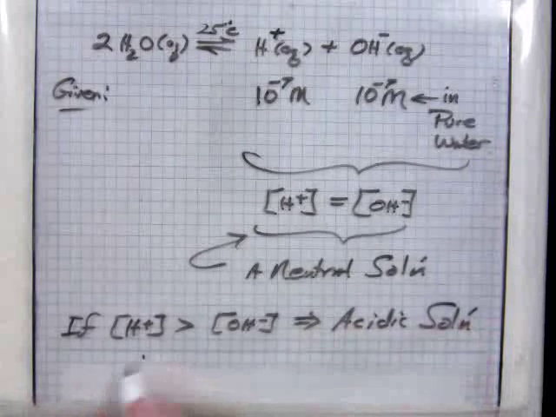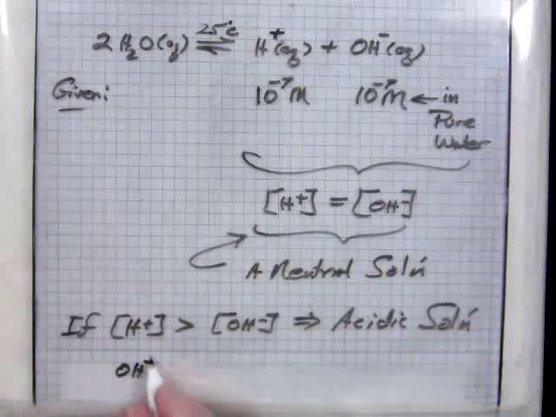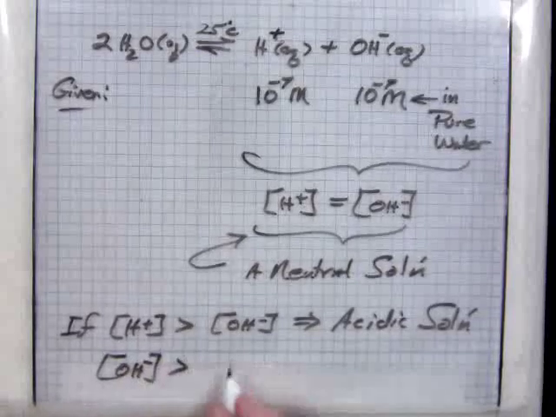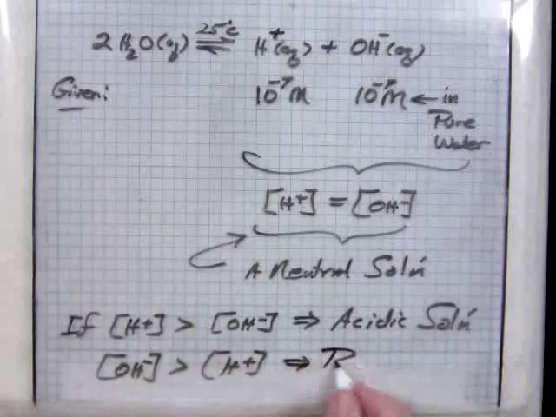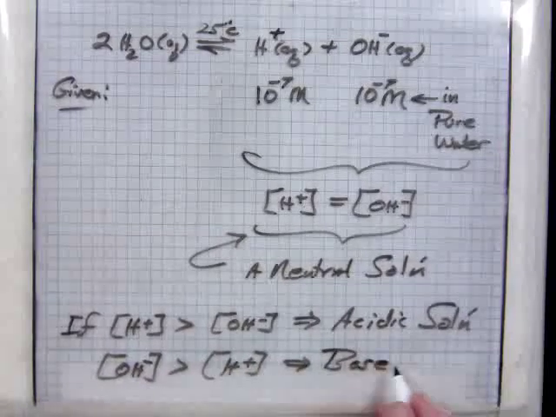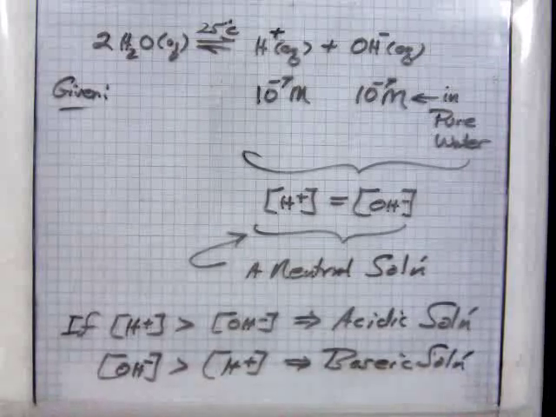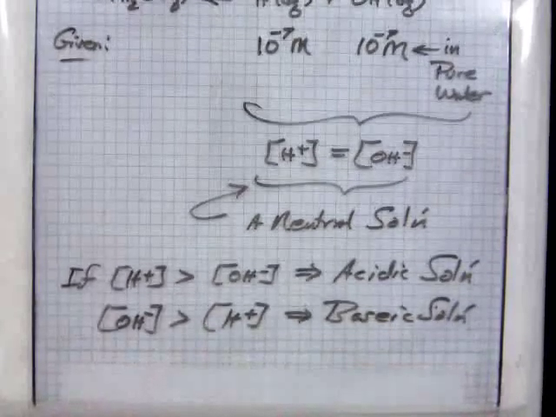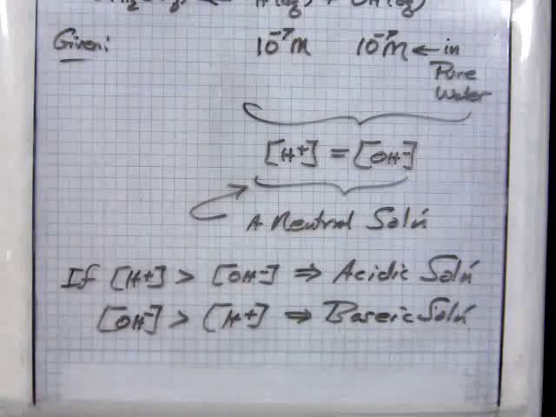And if the hydroxides are greater than the hydronium ions, then that characterizes a basic solution, also known as an alkaline solution. So now we have three conditions that we can use to identify whether a solution is an acid or a base or neutral.